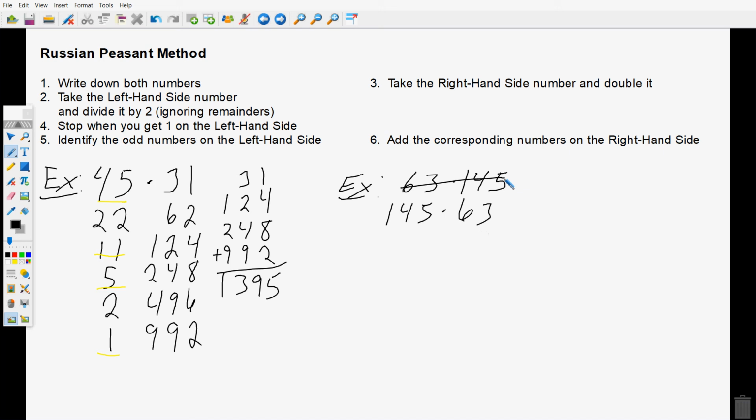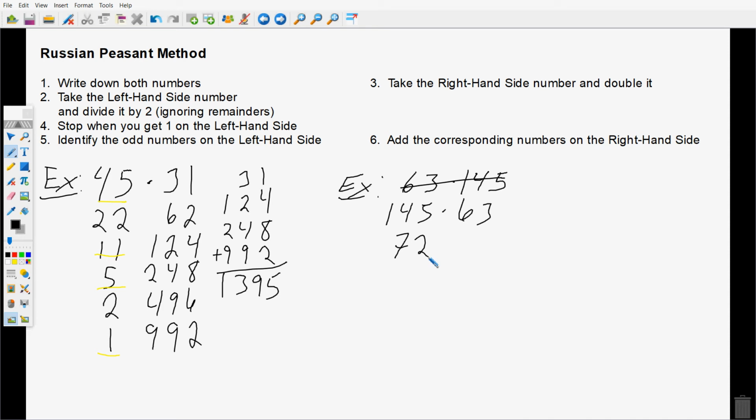So I have to take 145 divided by 2. And if you punch that in on a calculator, you're going to get 72 point something. What that means is 145 divided by 2 will give you 72, and the decimal part is essentially a remainder, and as it states in the directions, for this process you ignore the remainder.